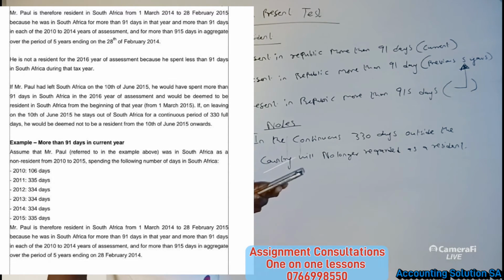Then example number 2, you can read the rest, guys. Assume that Mr. Paul referred to in the example above was in South Africa as a non-resident from 2010, spending the following days. You can check the days that he spent.